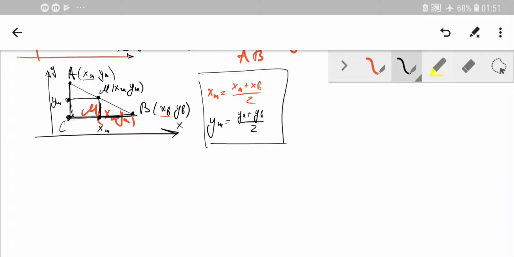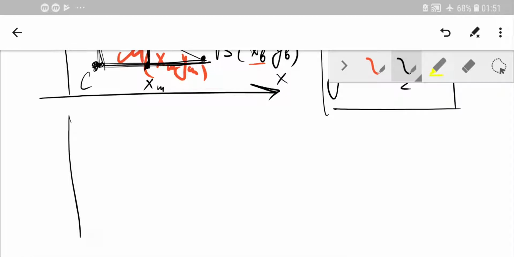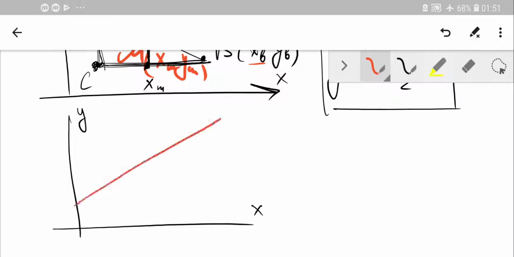For example, let's say this is again a y-x Cartesian plane, and we have a straight line. We have 2 points on this line, let's say A and B, and we want to calculate the gradient.